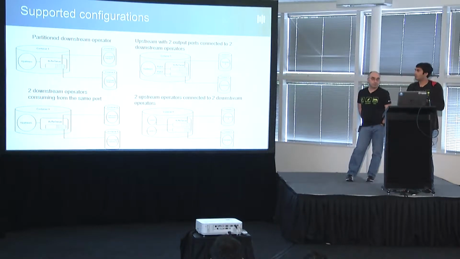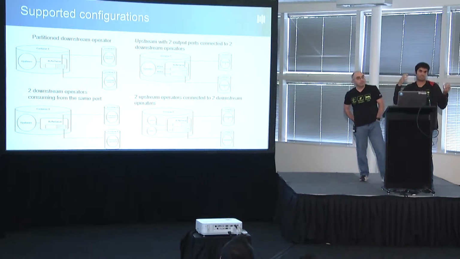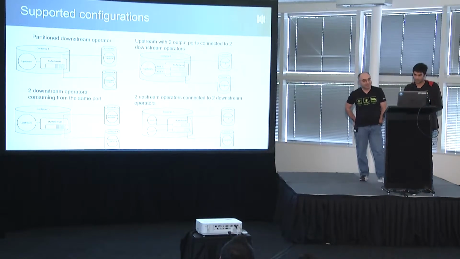Likewise, these are the supported configurations that buffer server has. This is more of a high-level overview of the buffer server. Now we will go in depth as to what kind of data structures are used internally and everything. It's more of a deep dive of the buffer server.